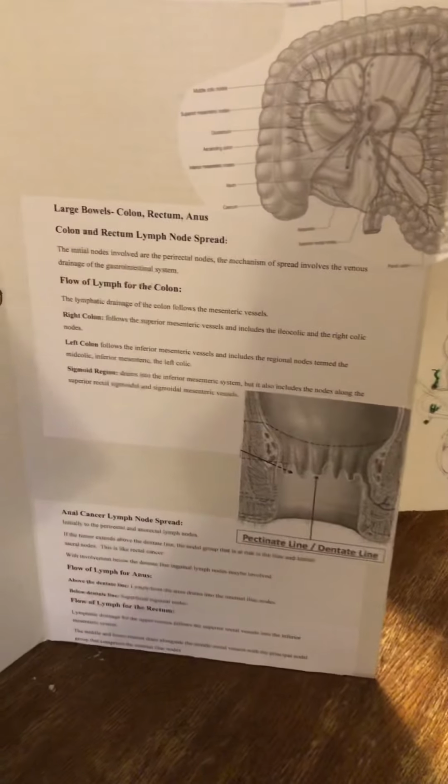The left colon follows the inferior mesenteric vessels and includes the regional nodes termed the mid-colic, inferior mesenteric, and left colic. The sigmoid region drains into the inferior mesenteric system, but it also includes the nodes along the superior rectal, sigmoidal, and sigmoid mesenteric vessels.